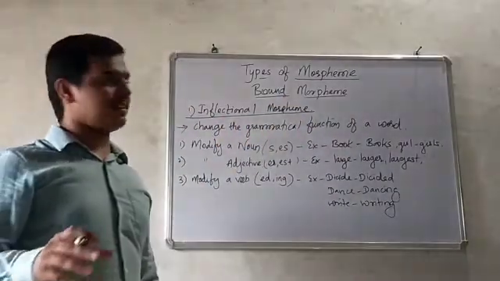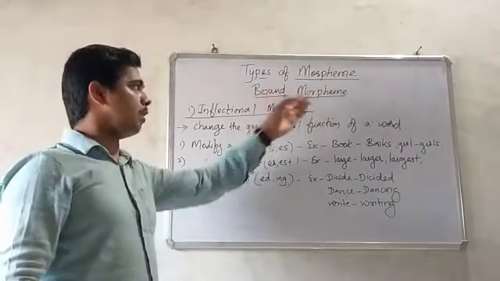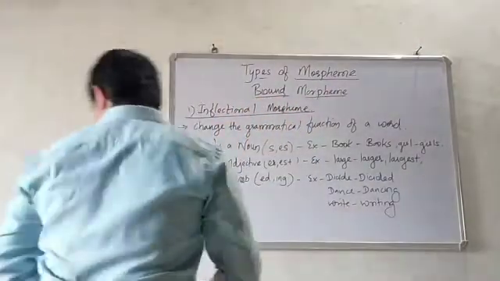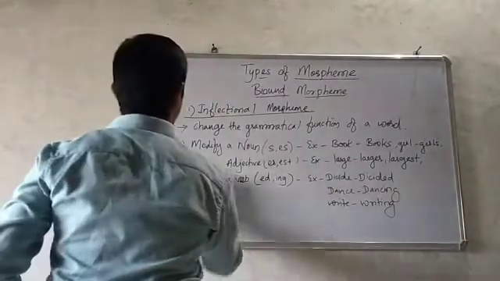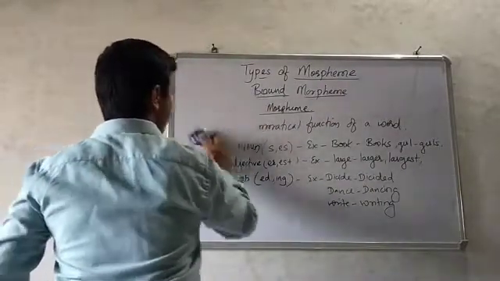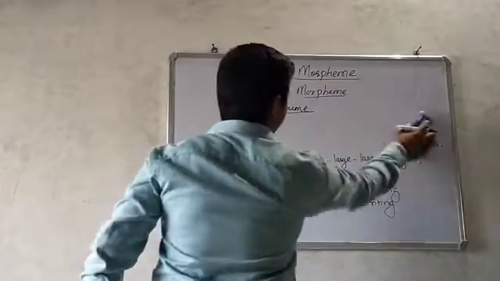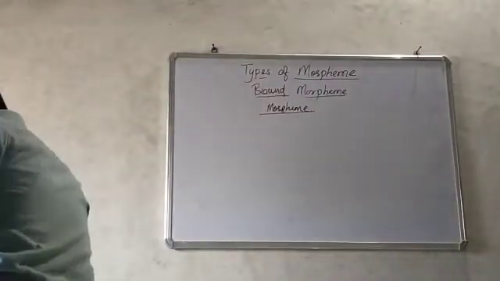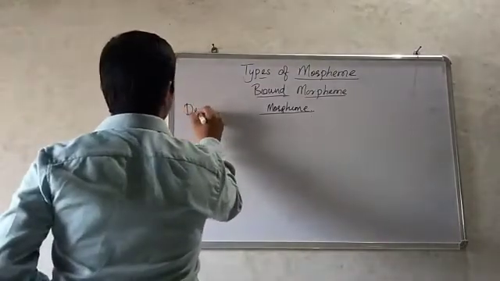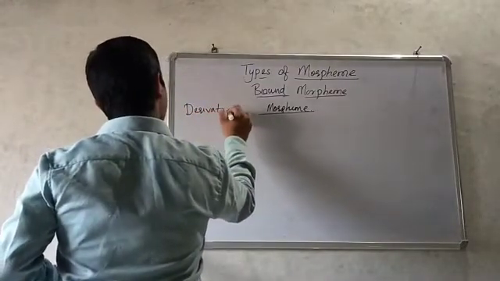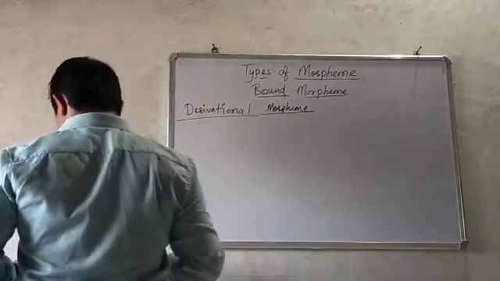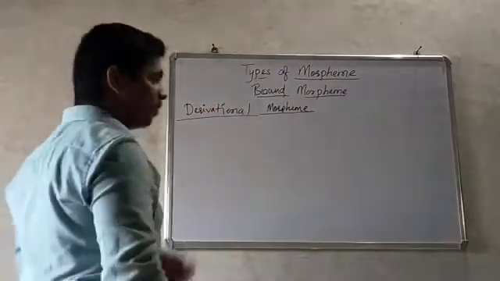Now let us see the second type of bound morpheme, that is derivational morpheme.